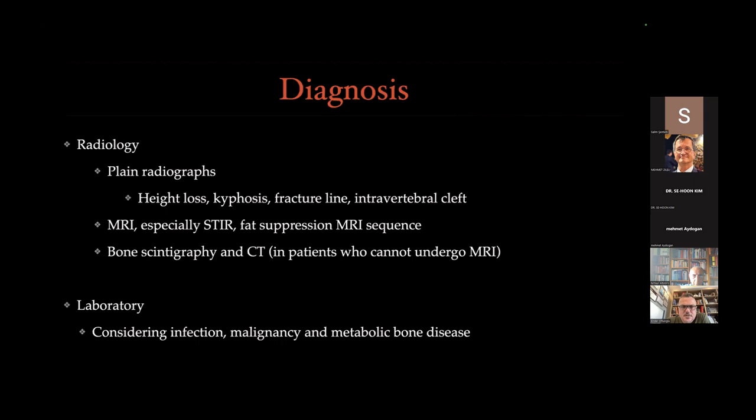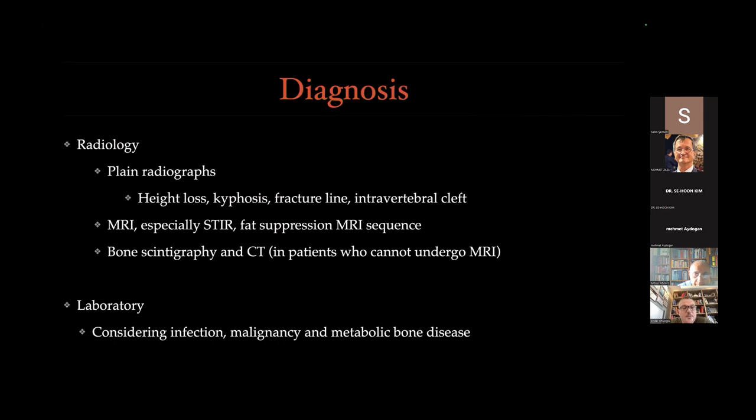What is the diagnosis? What can we do? Usually we use radiographic examinations. On plain radiographs, we can see height loss of the vertebral corpus, kyphosis, and sometimes a fracture line and intravertebral cleft.